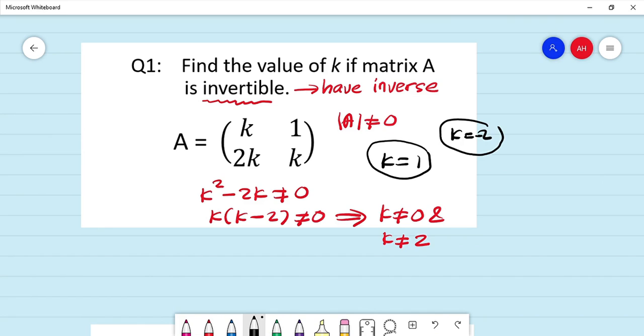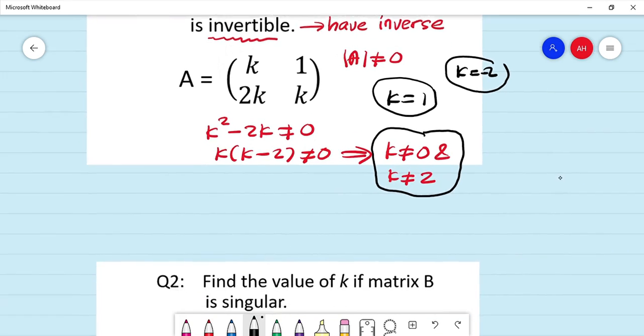Now, only these two values, k equal to 0 and k equal to 2, will make this matrix have no inverse. If we choose k equal to 0 and k equal to 2, it will make matrix A singular, meaning it has no inverse. For other values, yes, matrix A will be invertible. I hope you understand what I mean.